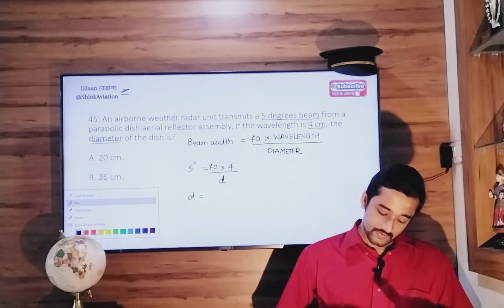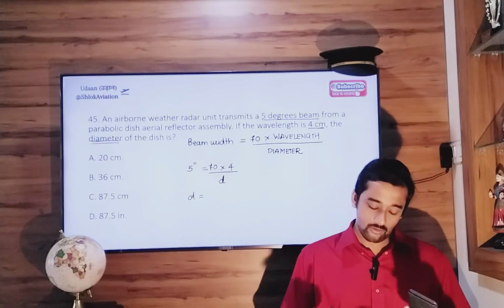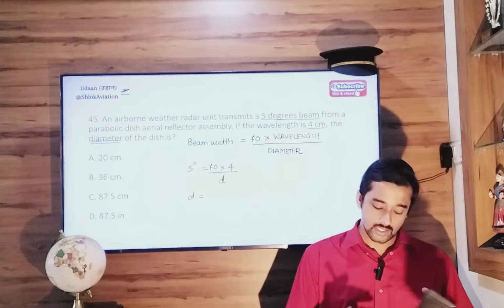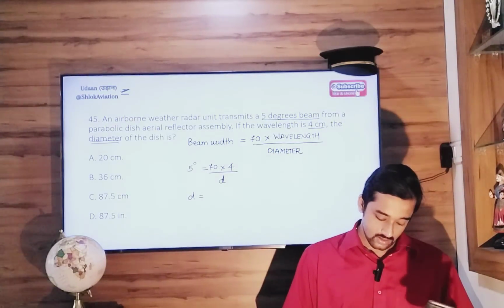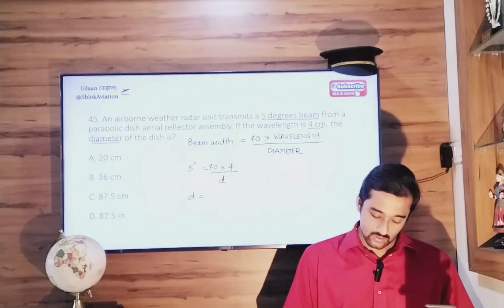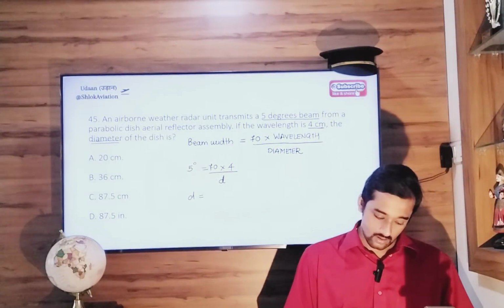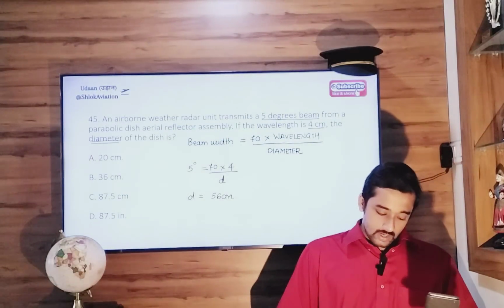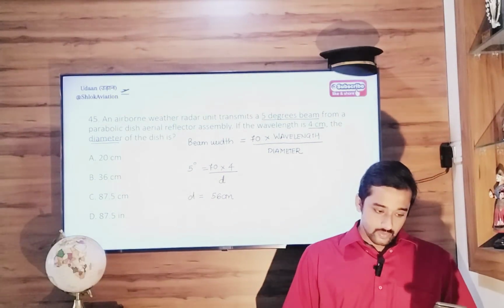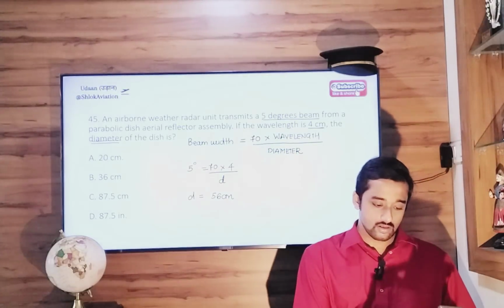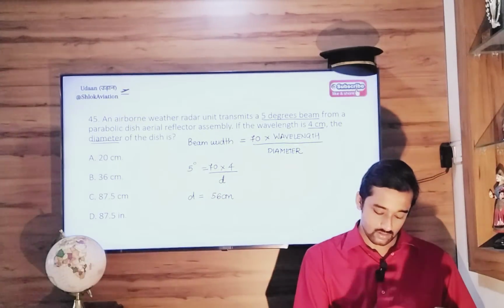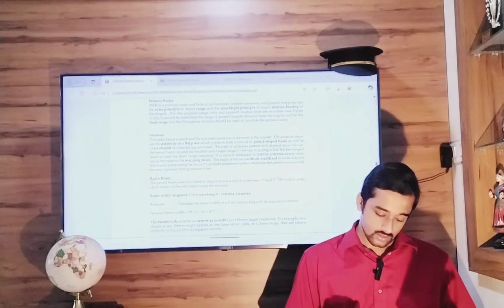So 70 into 4 divided by 5 is 56 centimeter.